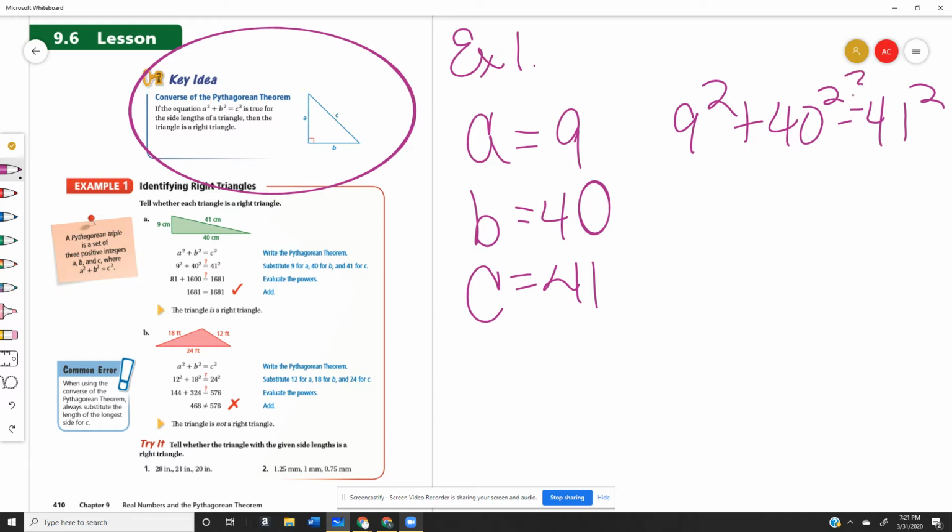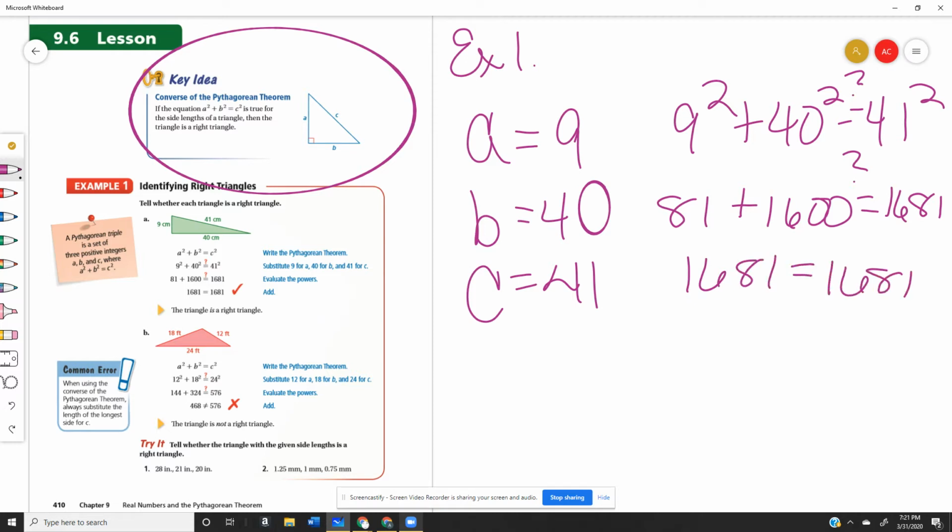So 9 squared is 81, 40 squared is 1600, and 41 squared is 1681. Okay, so 81 plus 1600 is 1681, and that is equal to 1681.